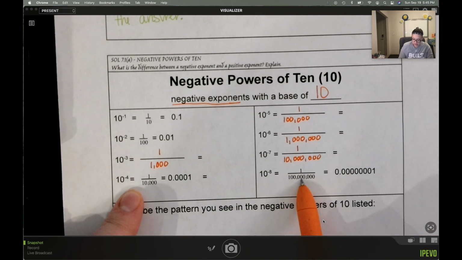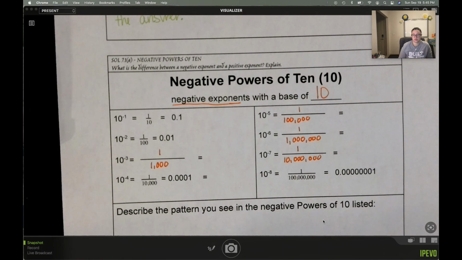And then 10 to the negative 8 would be 1 over 100 million.